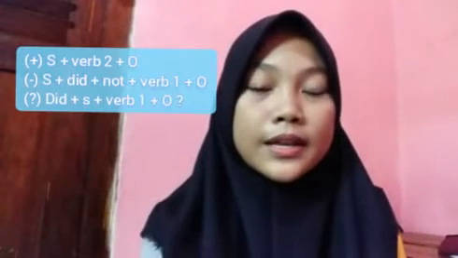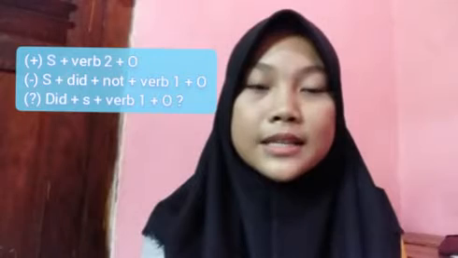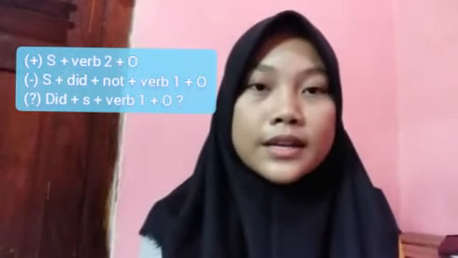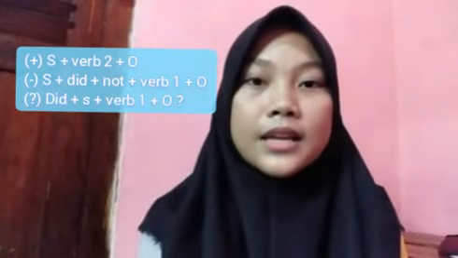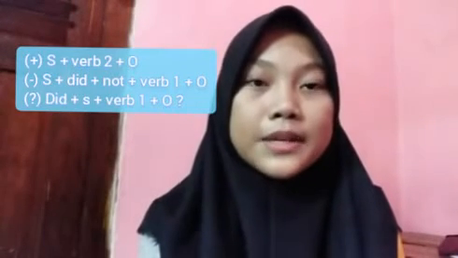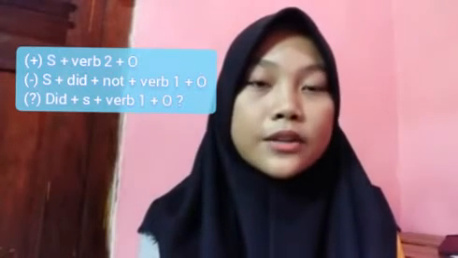For the positive sentence, subject plus verb 2 and object. The negative form, subject plus did plus not plus verb 1 and object. And the interrogative form, did plus subject plus verb 1 plus object, and don't forget to put a question mark.